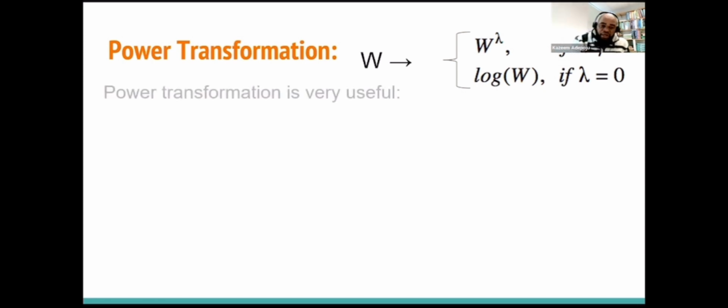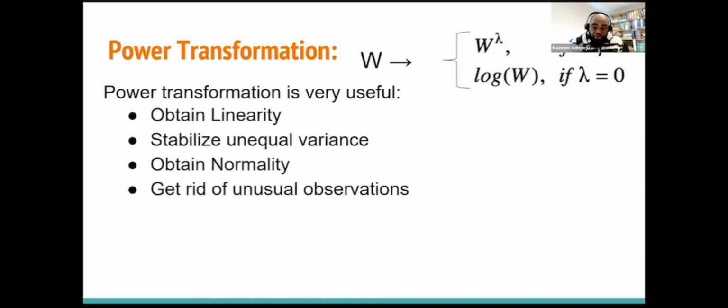Now I'm going to say the power transformation is very useful. Useful in doing what? It's very useful in making sure that we don't have violations, because if you have violations, it's a way to fix them.